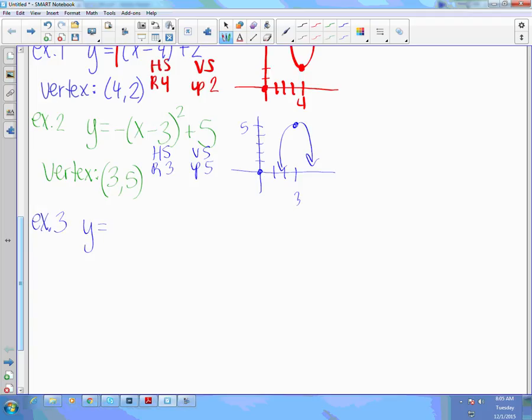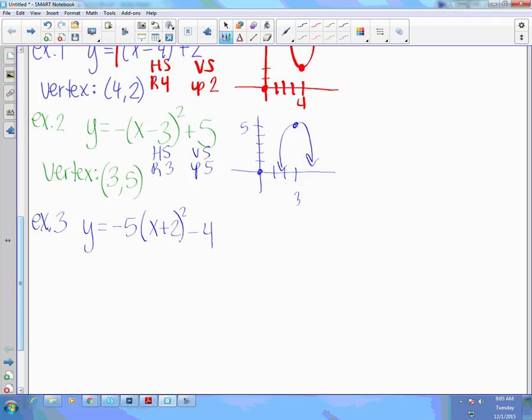Y equals negative 5 times (x plus 2) squared minus 4. Now we have that written down.